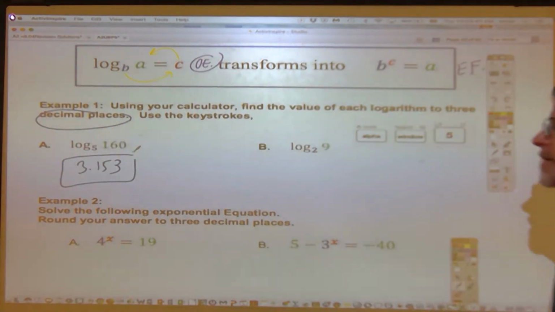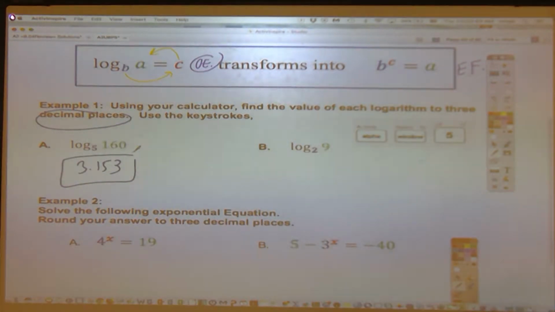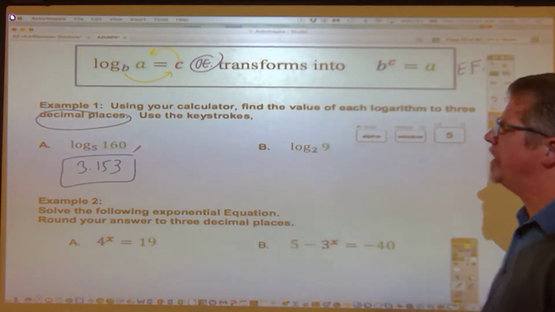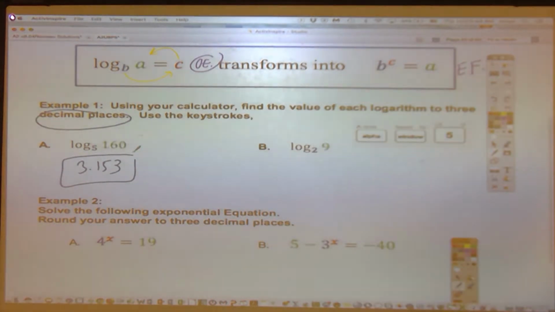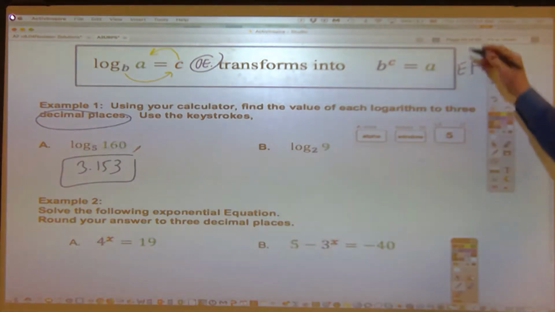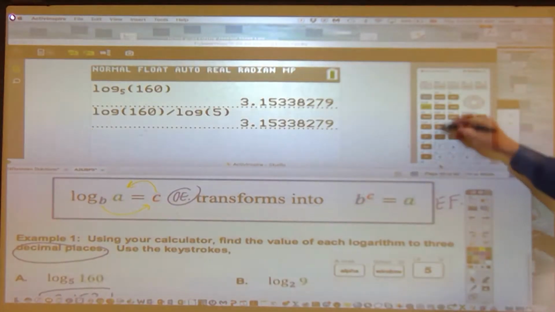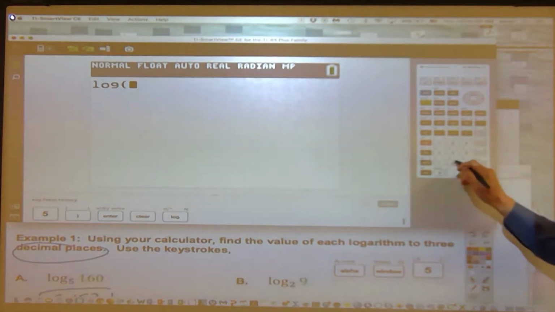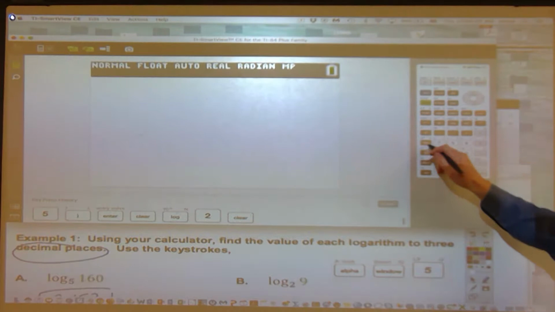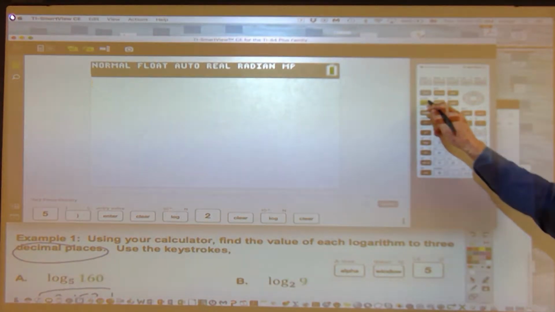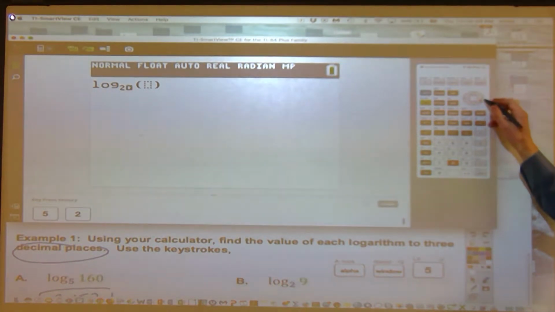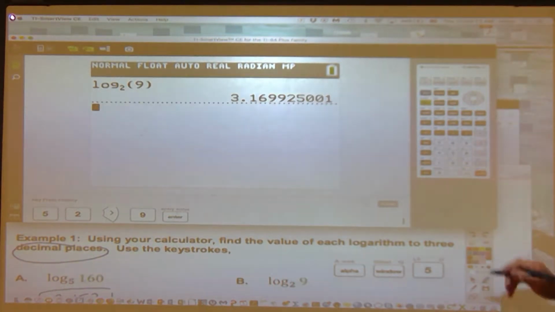Type it in both ways on part B. Type it in the math print way, but also what if math print was disabled or simply absent from your calculator? Do part B both ways. Log base 2 of 9. Alpha window 5 enables you to just type in log base 2 of 9.